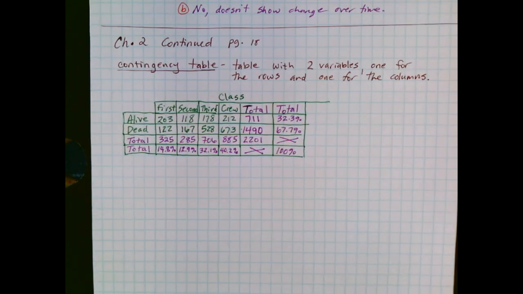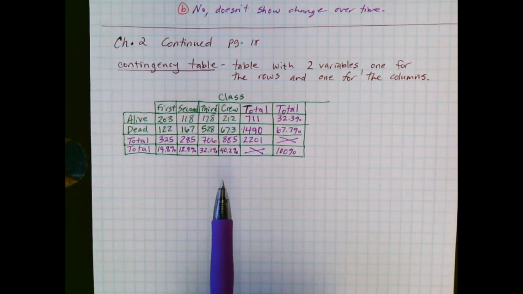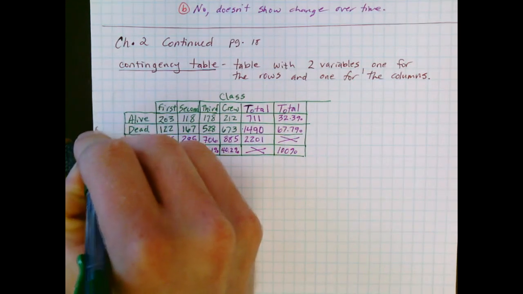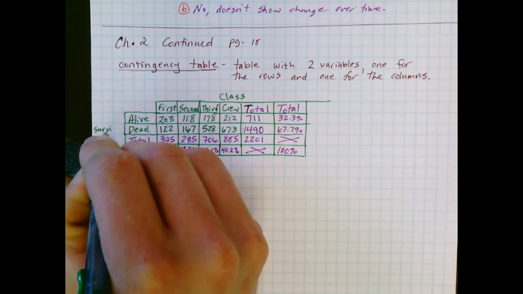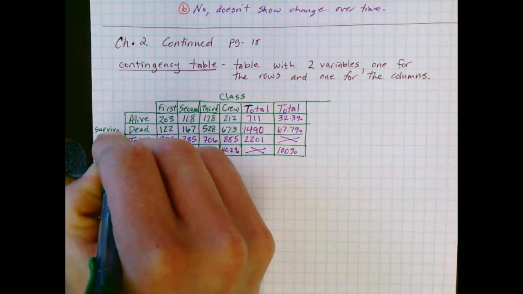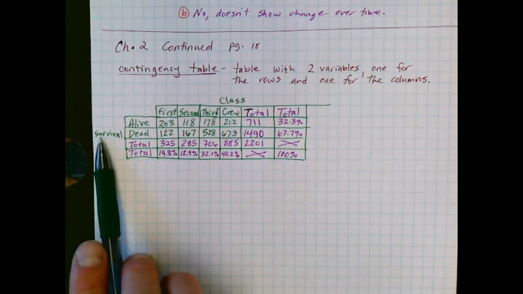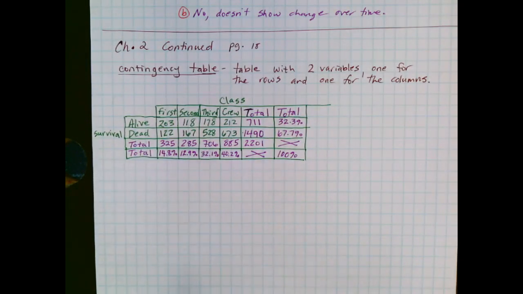Okay, and so again, here's an example of a contingency table. And we have the class variable as our columns and the survival variable as our rows.